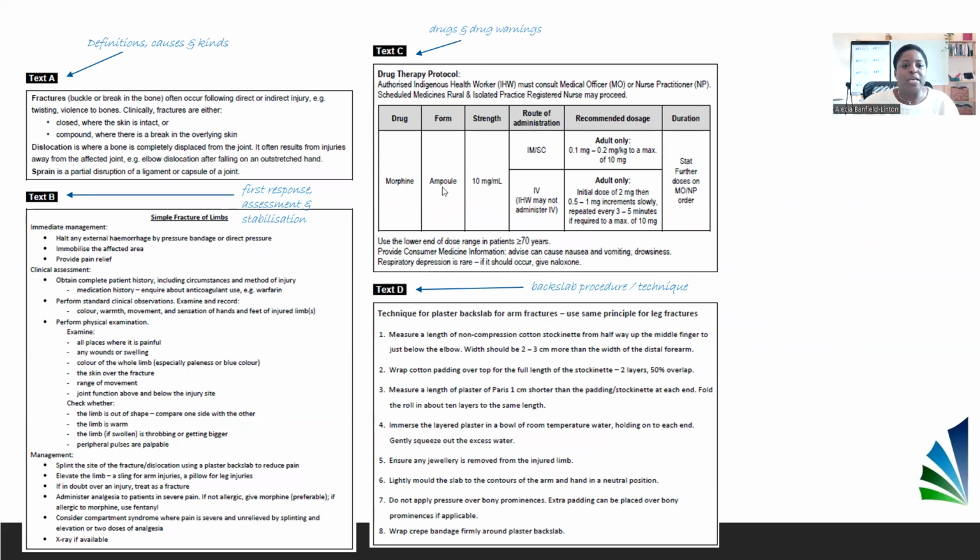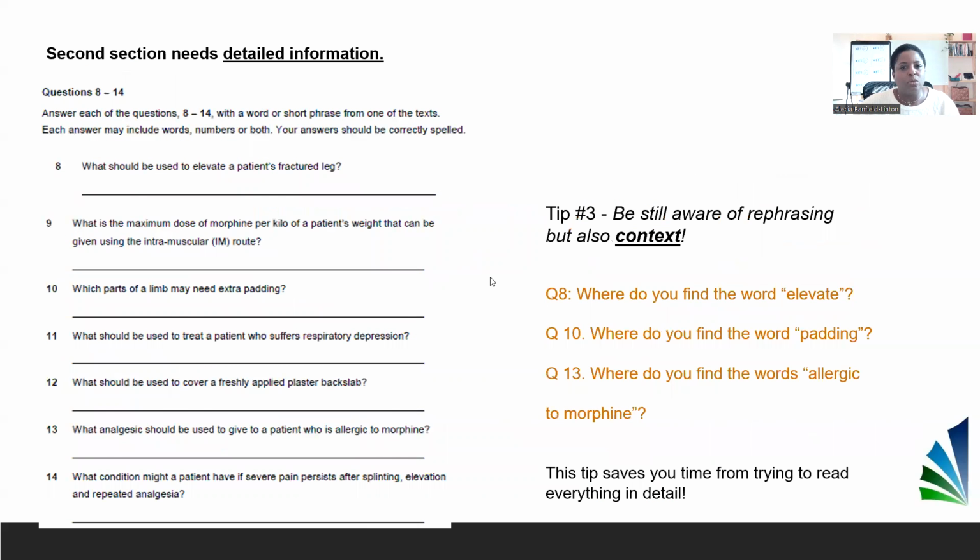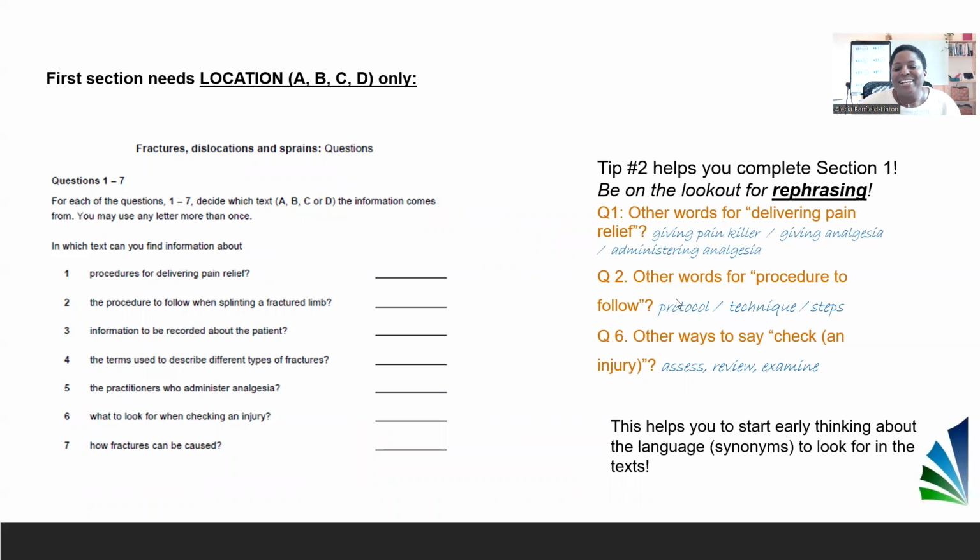Okay, good. Let's try a different example. Let's look at number 2. Other words for procedure to follow. The procedure to follow for what? When splinting a fractured limb. So in procedure to follow, I was thinking protocol, technique, steps.